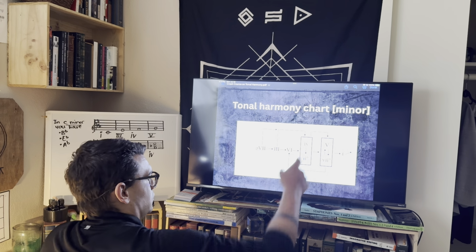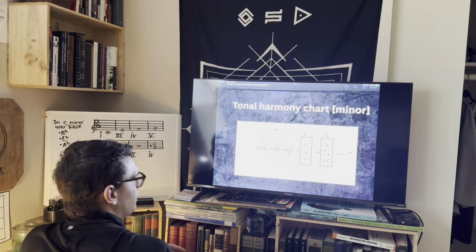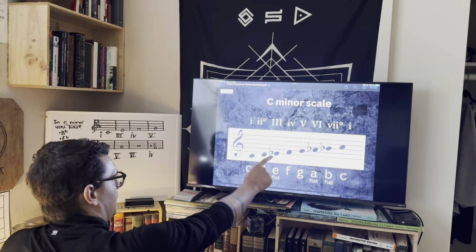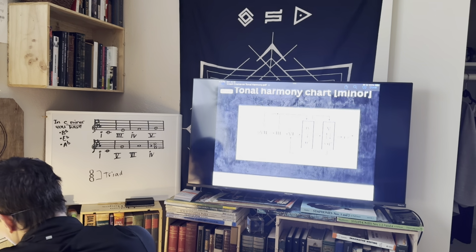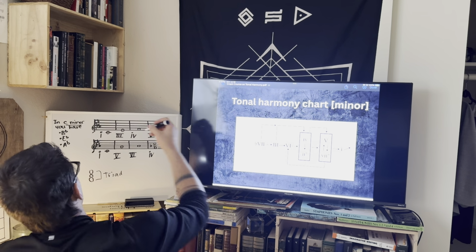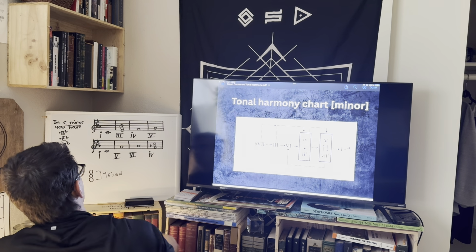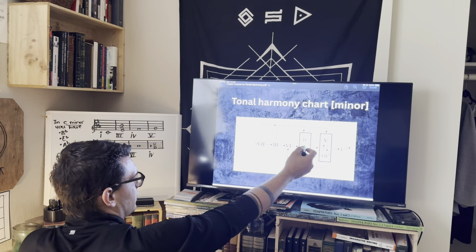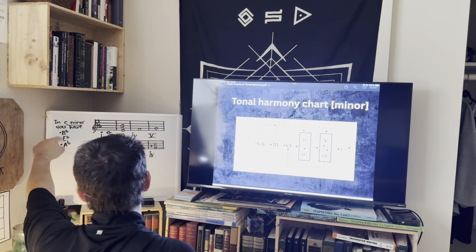And like this, this big 3 is going to be, you guessed it, the triad built on E flat. The reason that it is an uppercase Roman numeral, I actually have an example right here. Let's build the triad. So, little snowman. The reason it's an uppercase 3 and not a lowercase 3 is because, remember, in C minor you have B flat, E flat, and A flat.